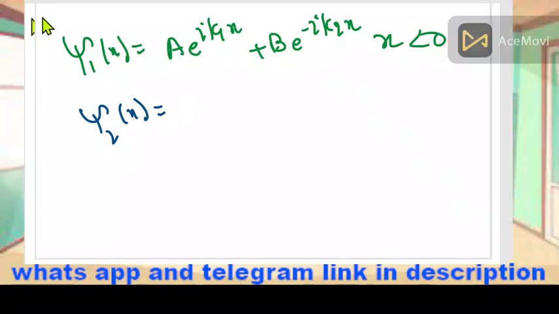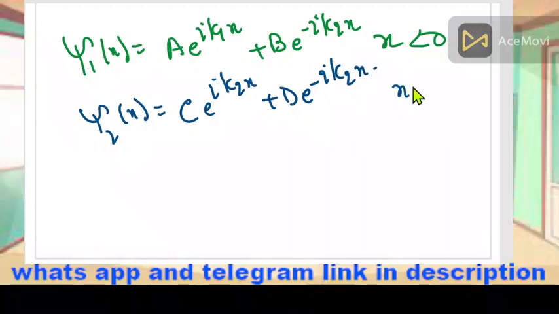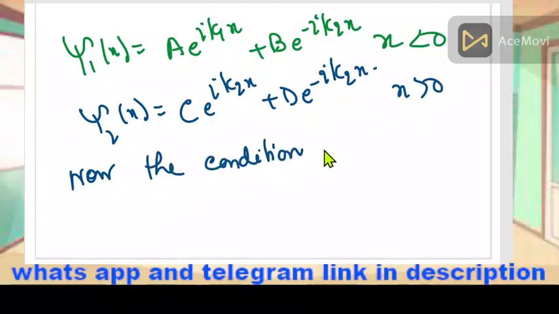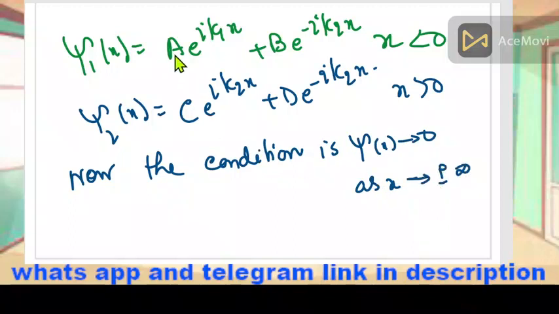This will have different constants, so it is c e to the power i k2x plus d e to the power minus i k2x at x greater than 0. Now what will you do? Now the condition is that psi should be finite.